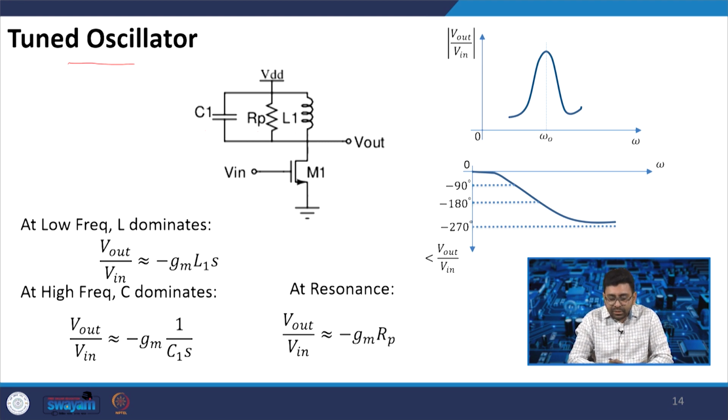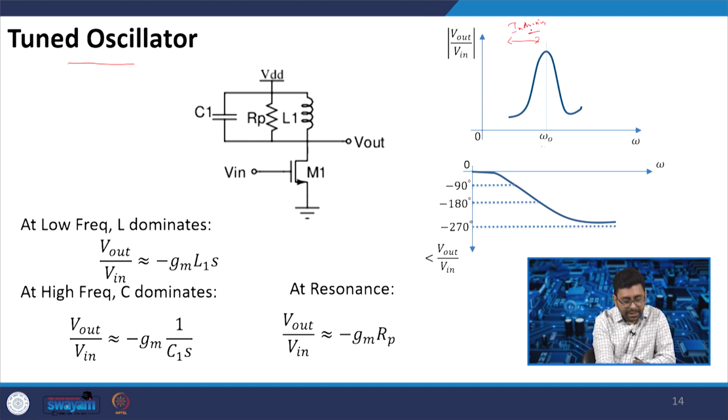So, if we try to plot V out by V in for this tank circuit, it looks like this, where at omega naught you will get the maximum gain, which is given by Gm into Rp. If you see this side, it is more inductive.